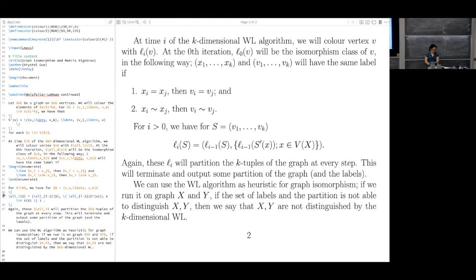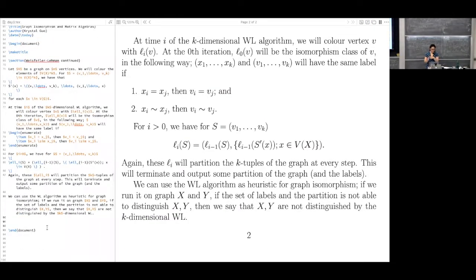So maybe I can try to place this in more context. There are lots of results about how you can say that graphs are really, really similar, and when they would not be distinguishable by some level of the Weisfeiler-Lehman algorithm. We'll give several examples, maybe today, but definitely tomorrow.